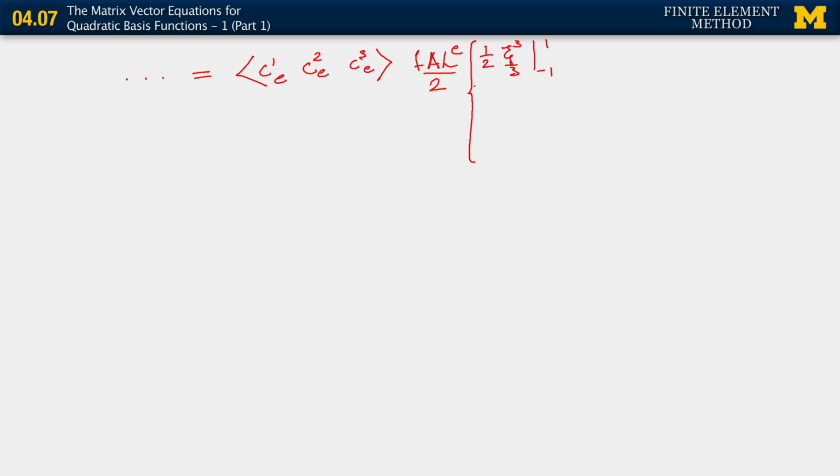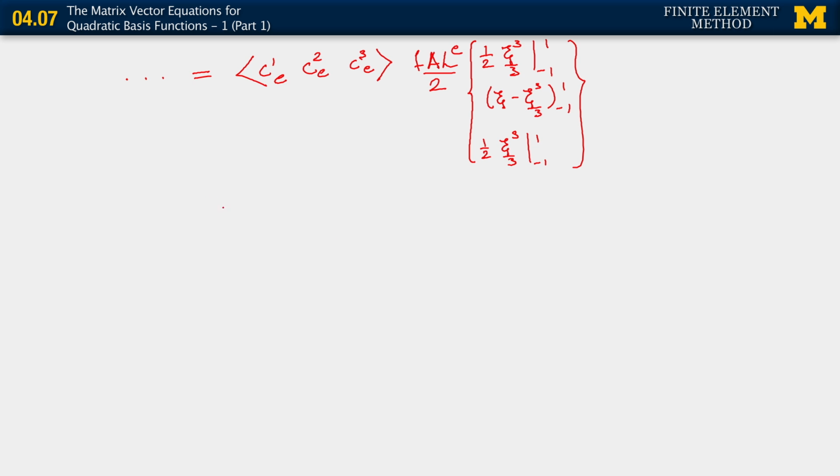For the second one, we get xi minus xi cubed over 3, minus 1 to 1. And for the third, we get 1/2 xi cubed over 3, also minus 1 to 1.